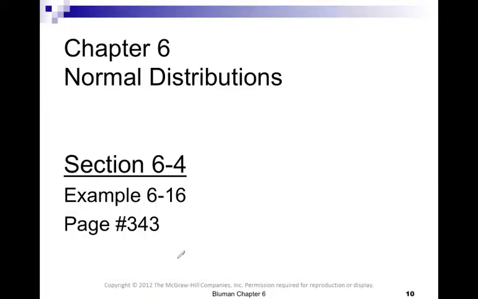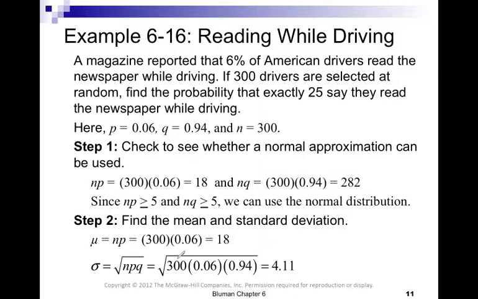So here's a few examples. This is 6.16. A magazine reported 6% of American drivers read the newspaper while driving. 300 drivers are selected, so 300 drivers is your N. Let's highlight that.